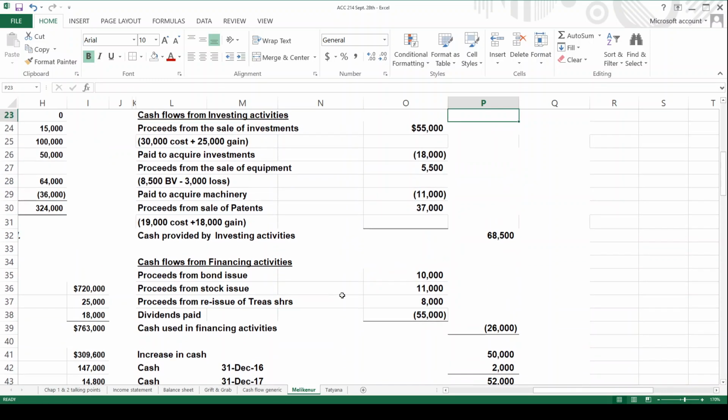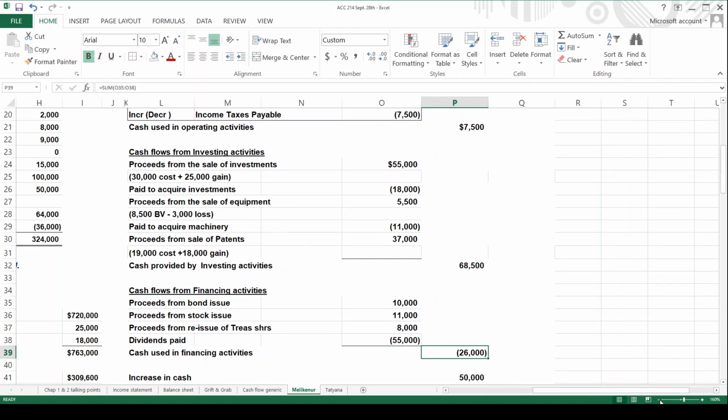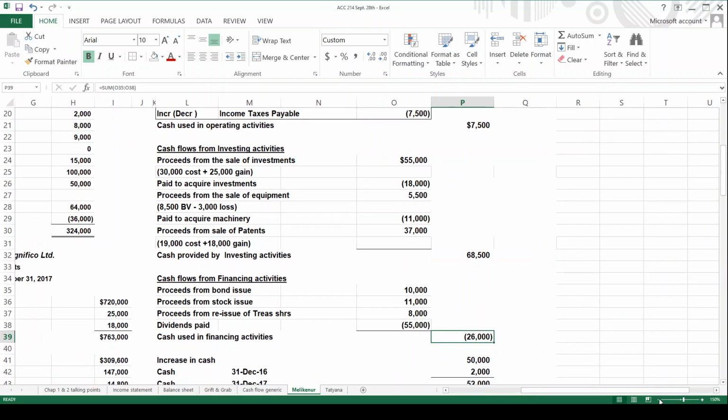All right. You add the three categories together, the 7,500, 68,500, and the 26,000. And you're hoping against hope that when you do that, it comes up to a $50,000 increase in cash.